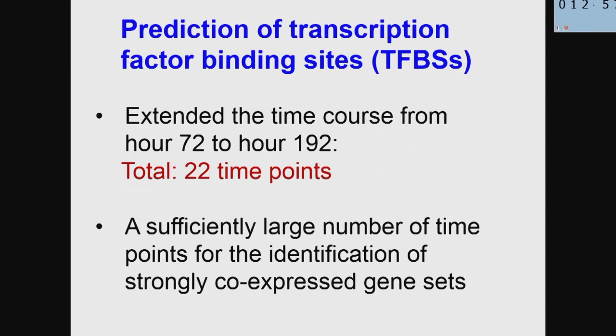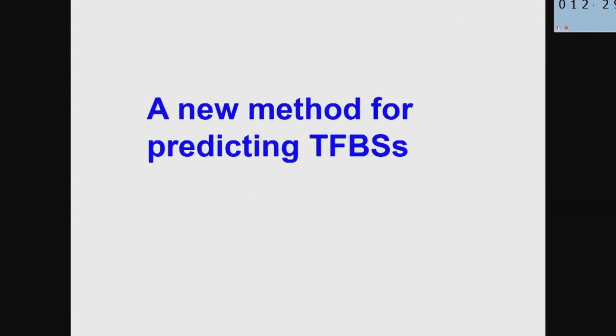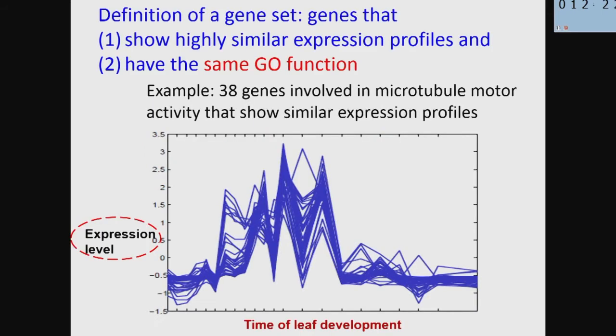So we expanded the 13 transcriptomes to 22 transcriptomes because we want to identify closely co-expressed gene sets. These are from dry seed to 192 hours, 8 days. And we developed a new method to predict TF-BS, the transcription factor binding sites.